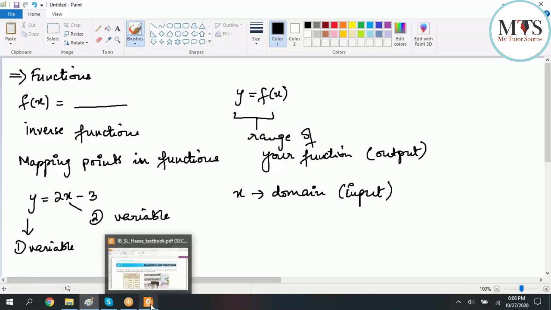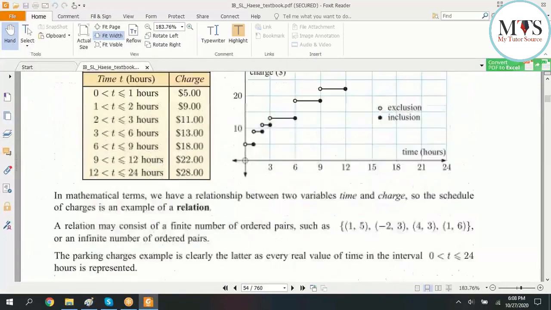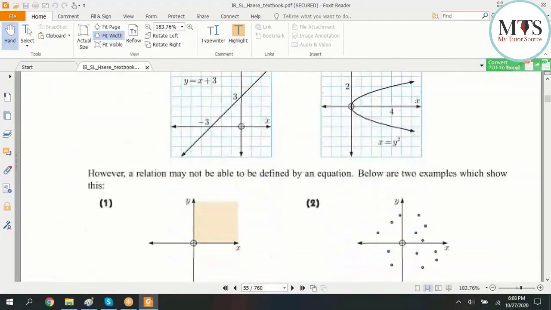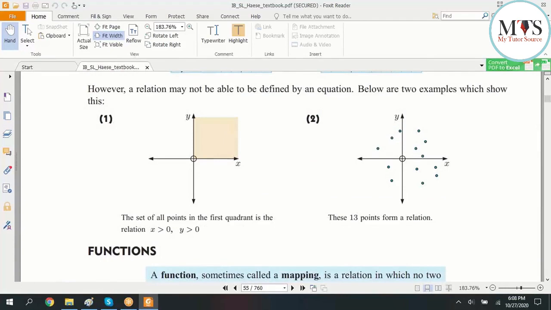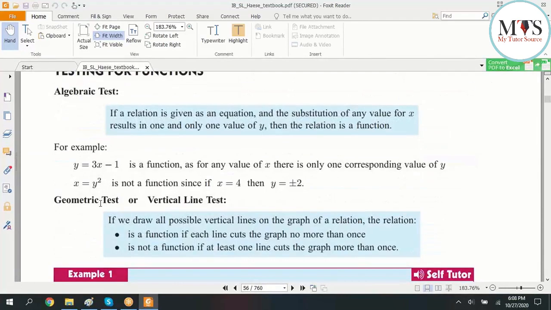So let's move to the vertical line test. With functions, if we draw all possible vertical lines on a graph of a relation, it is a function if each line cuts the graph no more than once. It is not a function if at least one line cuts the graph more than once.